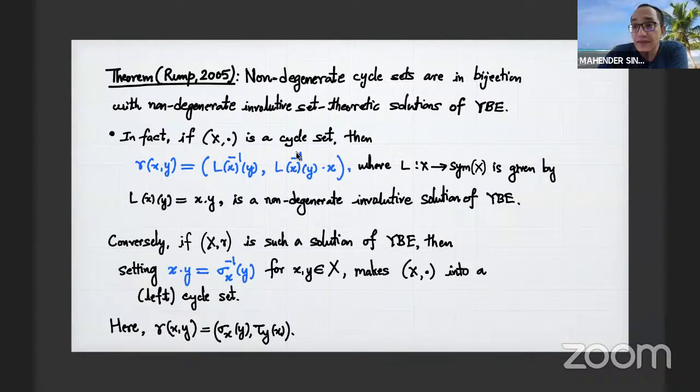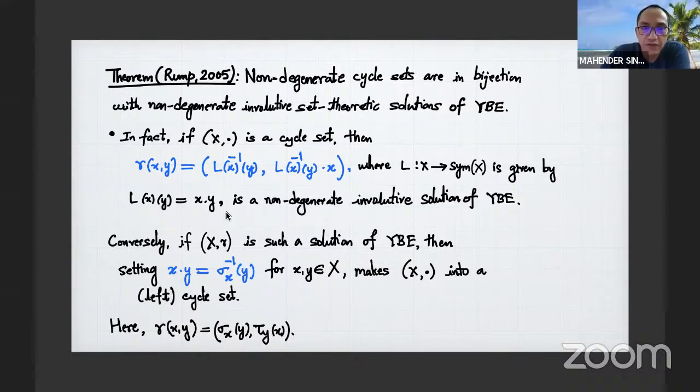If X is a cycle set, one can set R(x,y) equal to (L_x^{-1}(y), L_x^{-1}(y)·x), where L_x is, recall, the left multiplication with respect to the cycle set operation. This is a non-degenerate involutive set theoretic solution of the Yang-Baxter equation.